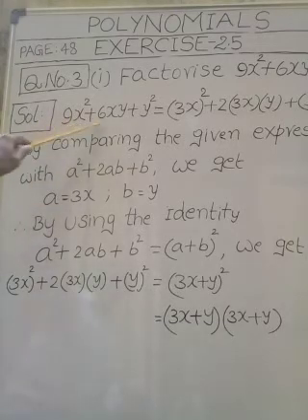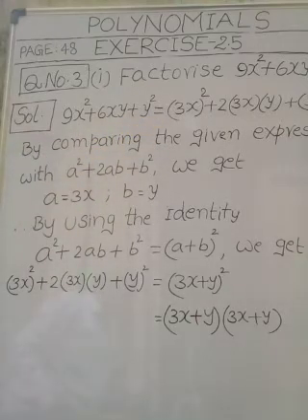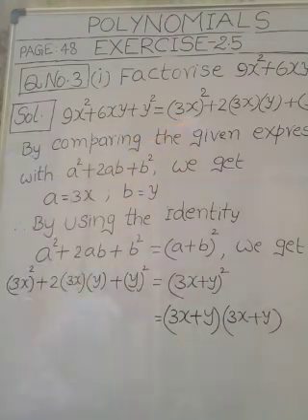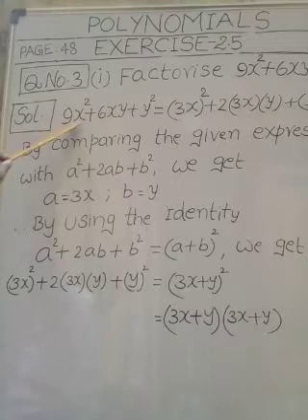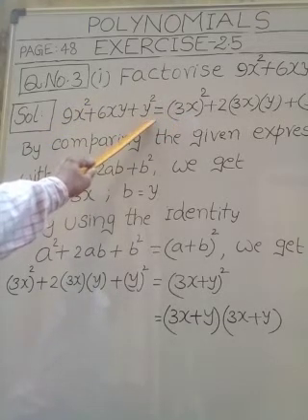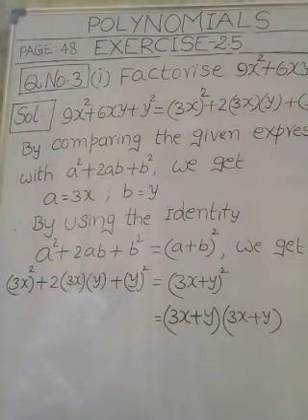See, 9x square plus 6xy plus y square. These are the three terms in the given algebraic expression. If we observe here, the first term 9x square can be written as (3x) whole square. Isn't it or not, my dear children? Right. And come to the last term, y square, which can be written as (y) whole square.